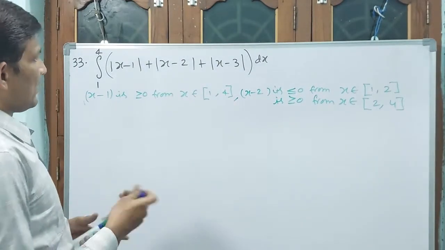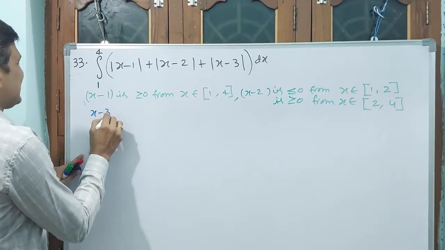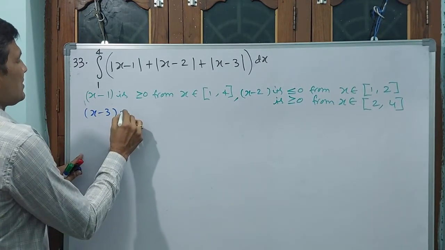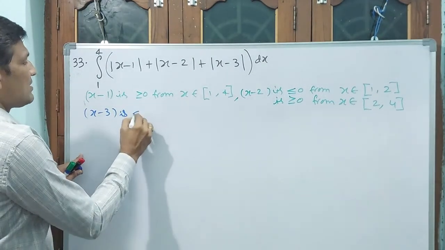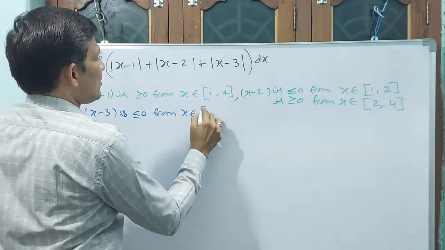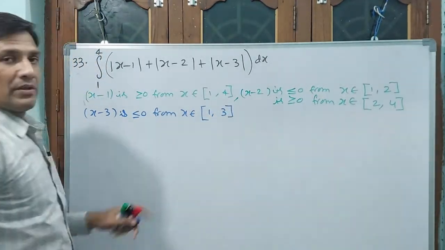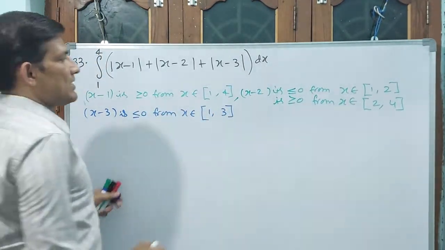Now go for this third function also. Let us go for third function. Write down x minus 3. X minus 3 is less than or equal to 0 from x belongs to 1 to 3. 1 to 3 equal to 0 or less than 0.